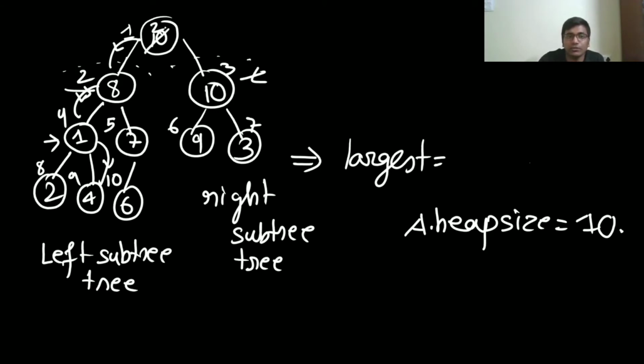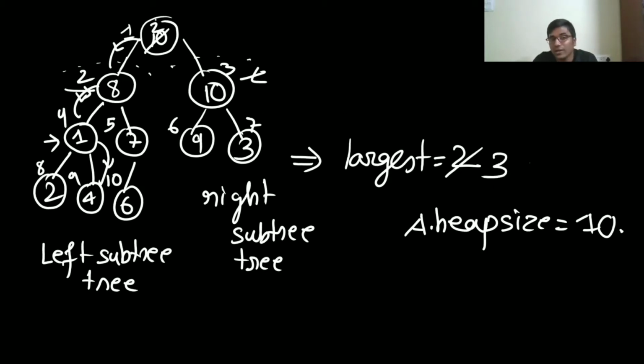I am adding 2 here. So first I will compare between the parent and the left child. Between these two, which is the maximum? This is the maximum, so now largest is 2. Now I will compare largest with the right child. Largest is having the element 8 and the right child is having the element 10. So this is maximum, so the largest index is now going to 3.